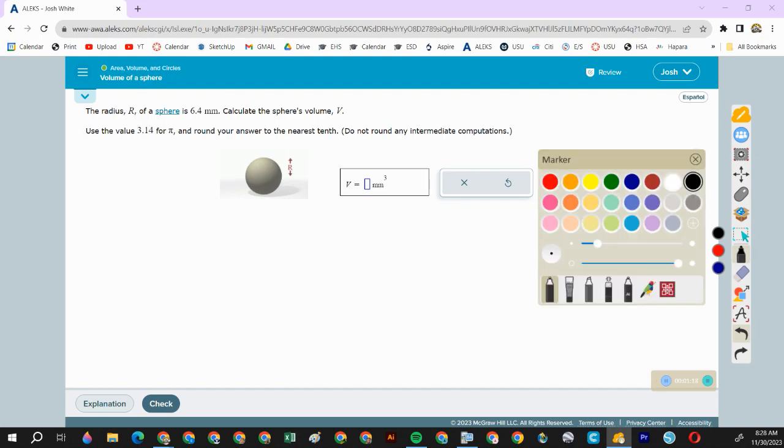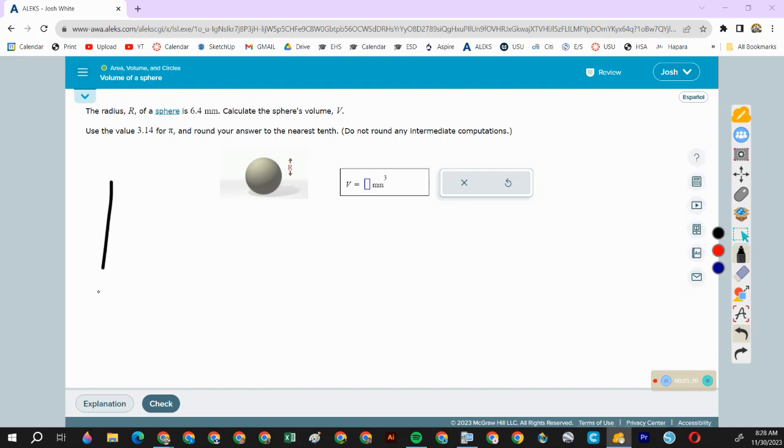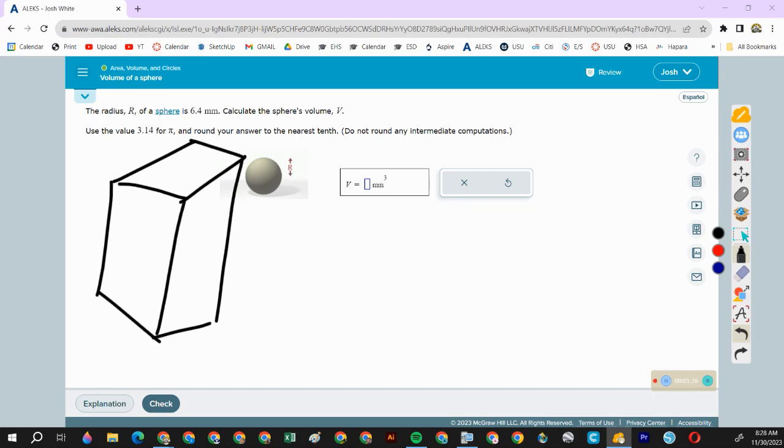So before I teach you the next formula, let's think about a rectangular prism. The volume of that prism is length times width times height. And one way to think of that is to think of it as the area of the base.